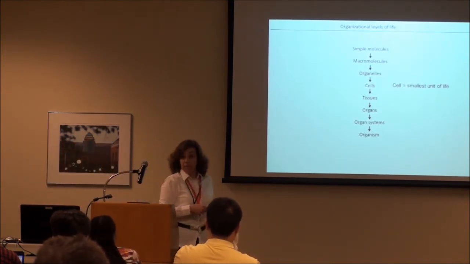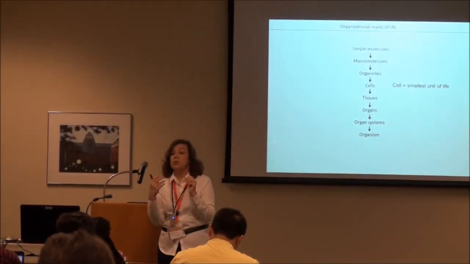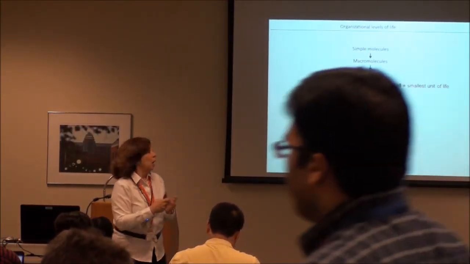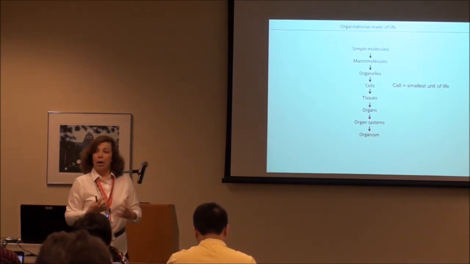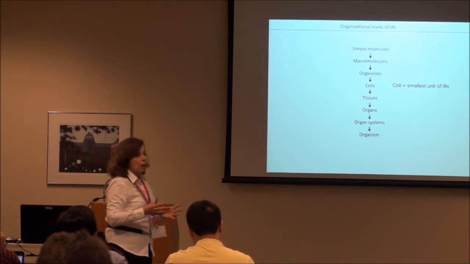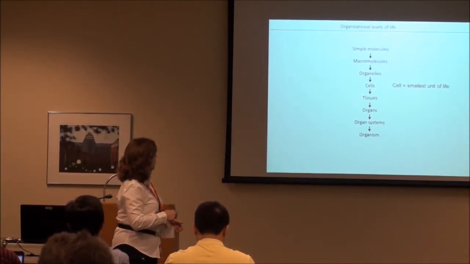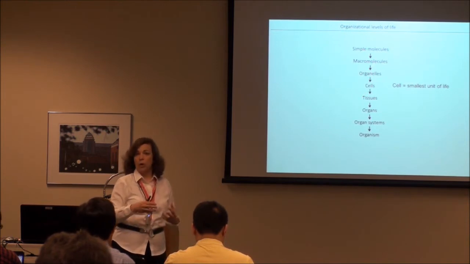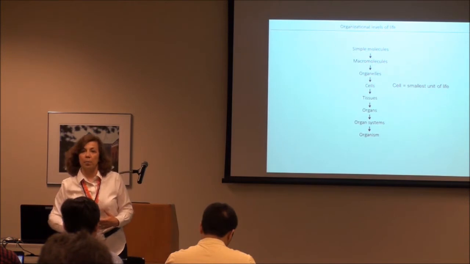That's the cell. Cell definitely is not the smallest or the simplest structure that we know. Every cell actually contains a lot of very complex structures that we call organelles. Organelles are made of macromolecules and macromolecules of simple molecules, and we can go on to subatomic particles.